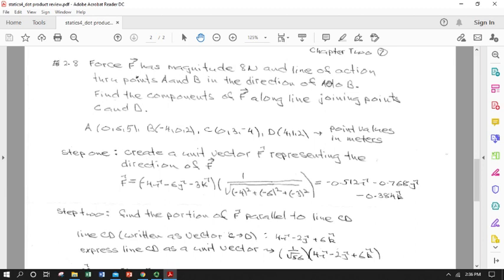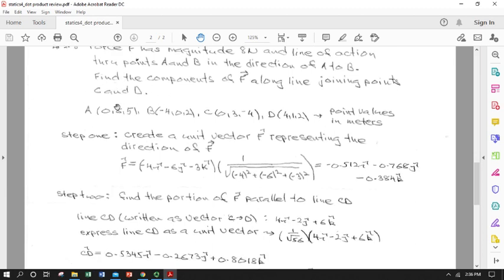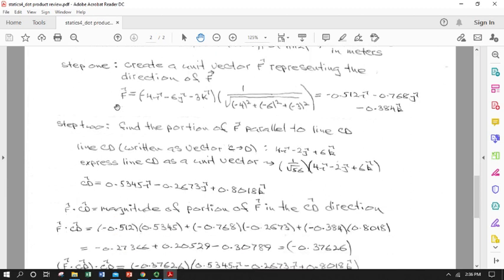We're going to need to get a unit vector that expresses the direction from A to B, and then we're going to direct 8 newtons down it, and then we're going to make a unit vector that shows the direction of a line between points C and D, and then we're going to dot them together. So again, we're using the definition of dot product to make a 3D problem much easier.